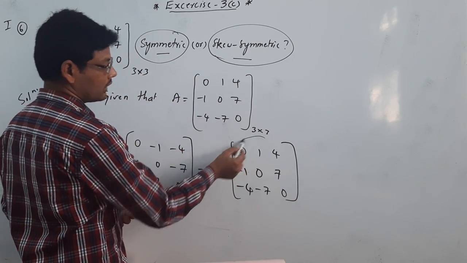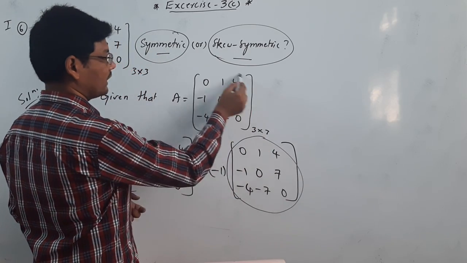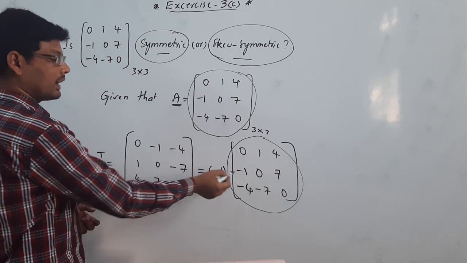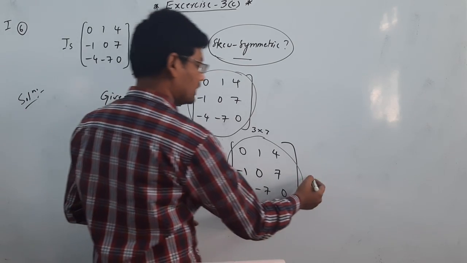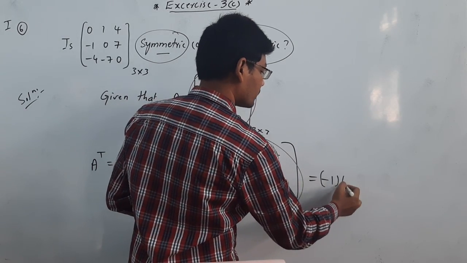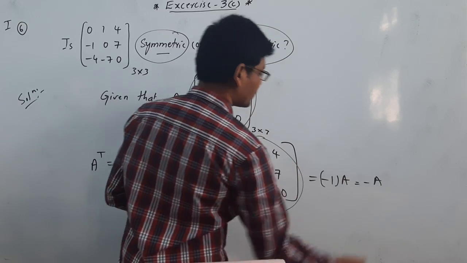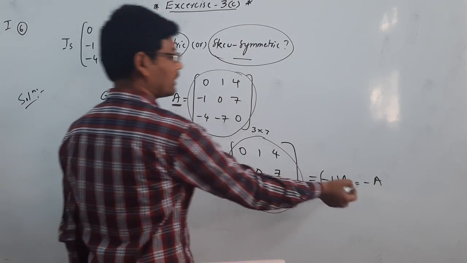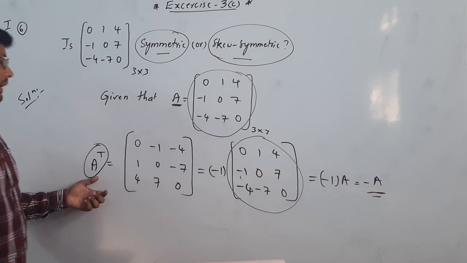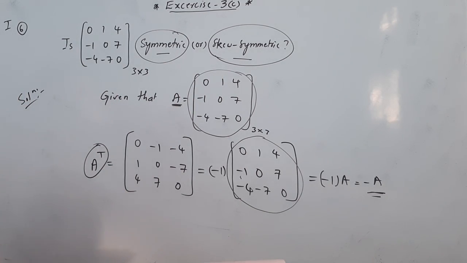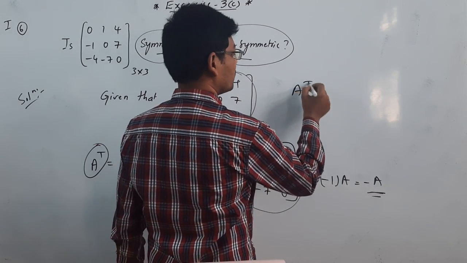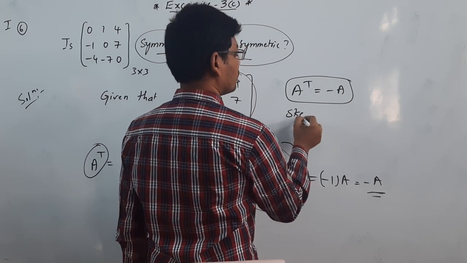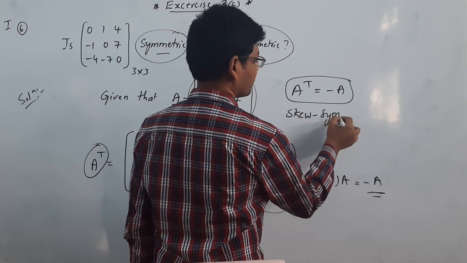If you observe, this matrix and the original are the same. This is nothing but A. Substituting A, minus 1 into A is minus A. So A transpose is equal to minus A, which means it is a skew symmetric matrix.